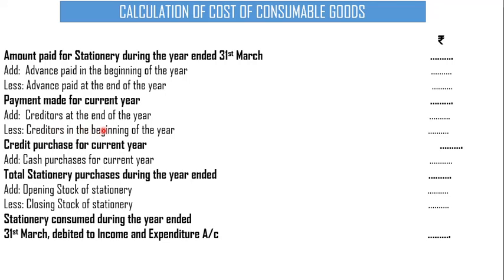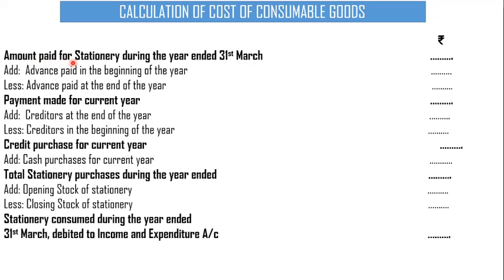If this amount is also paid, of course we have to take this out. The reason being, it's very clear, because this doesn't belong to the current year and we only record the amount consumed for the current year.